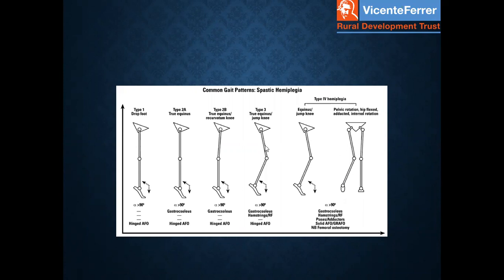If we see only hamstrings and gastrosoleus, it is type 3. If we see only gastrosoleus spasticity without hamstring spasticity, it is type 2. And in that, if we see genu recurvatum also, it is type 2B.